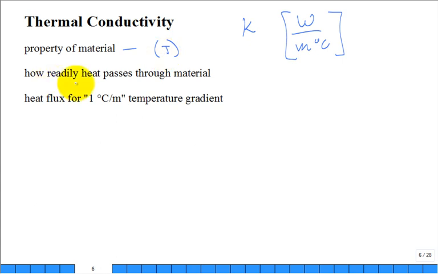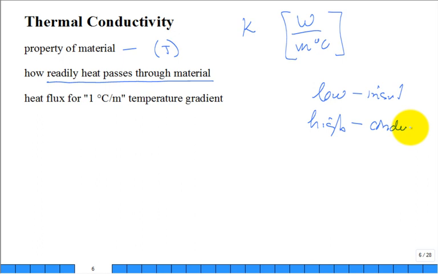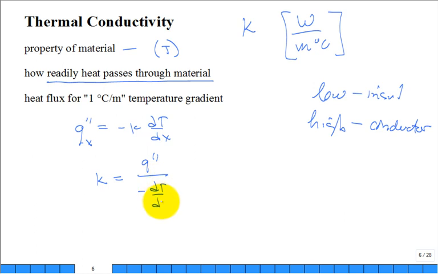All right. It's a measure of how readily heat passes through the material. We said if it was low, that's a good insulator. If the thermal conductivity magnitude of it was high, it's a good conductor. And you go back and look at the 1D equation, q sub x double prime equals minus k dT/dx. Take that equation and rewrite it: k is q double prime divided by minus dT/dx, is it not?